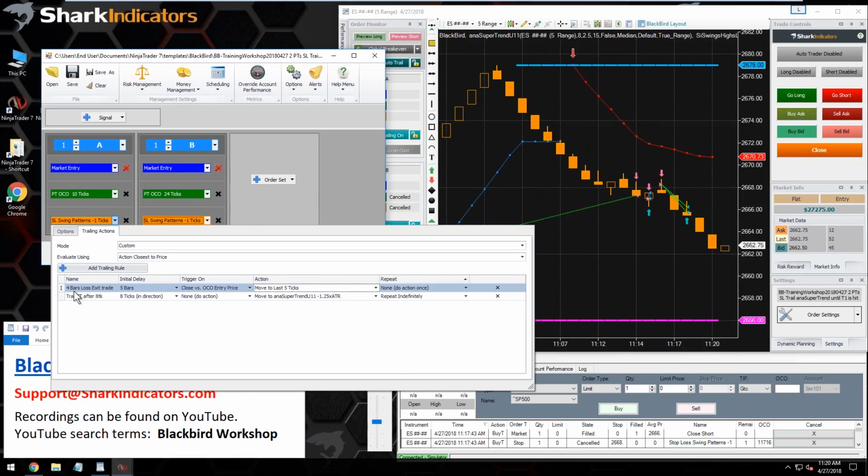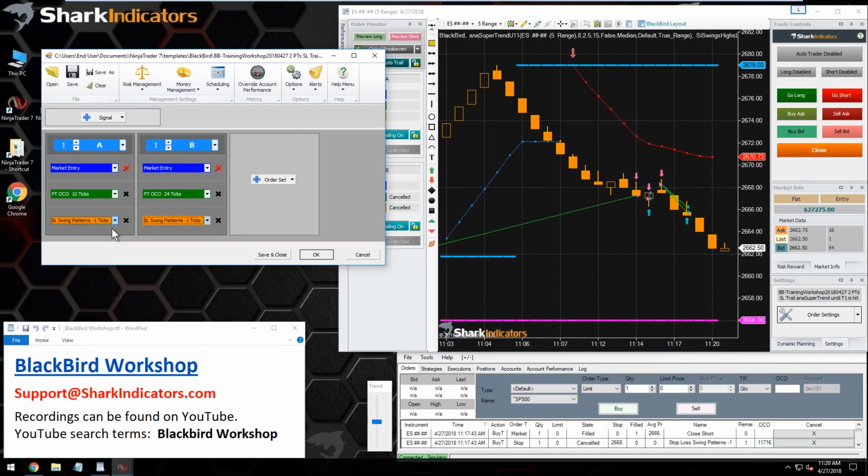All right, so there we go. I just recreated all the settings from the other stop loss. All right, so now let's give this a test.